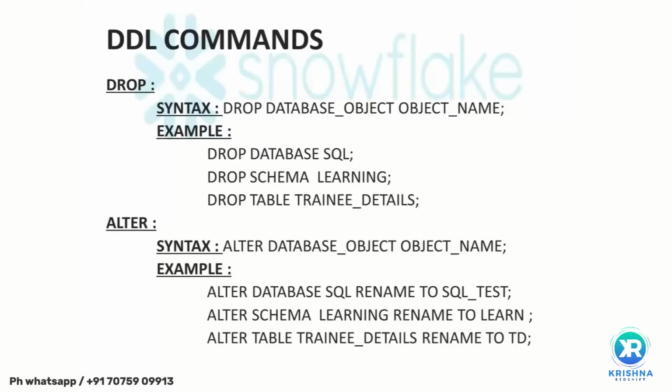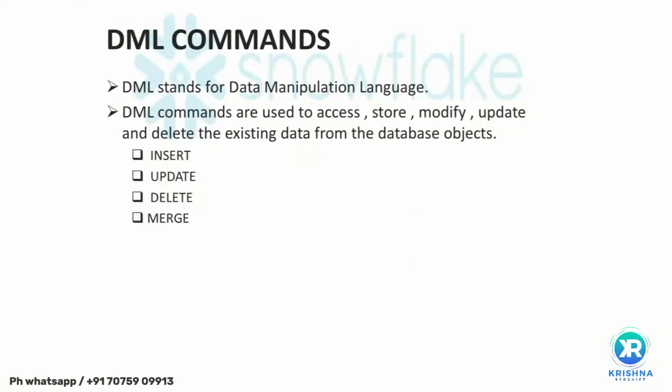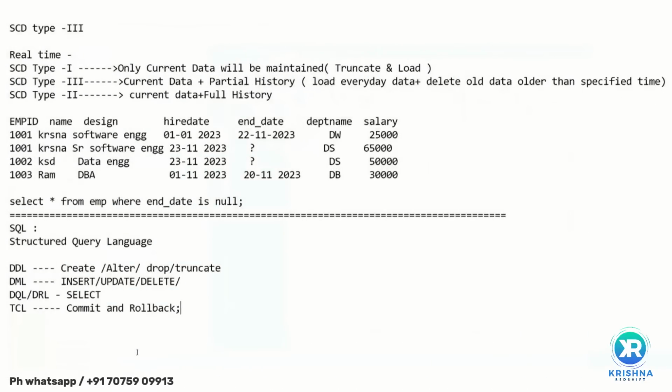This is drop; we will see this during practice. Truncate, then DML: insert, update, delete, merge. The other one is TCL, transaction control language. TCL means commit and rollback.